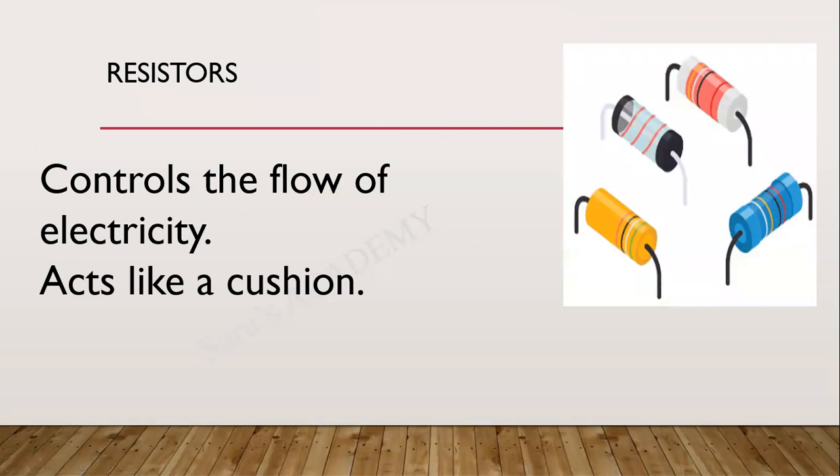Resistors are an electrical component which is being used in circuits to control the flow of electricity, and it acts like a cushion in the circuit. It is being used in various electrical appliances like heaters, toasters, microwaves, electric stoves, and also in other household heating appliances.